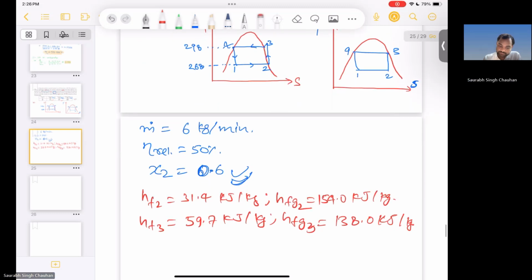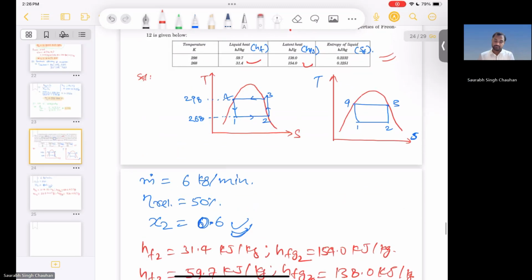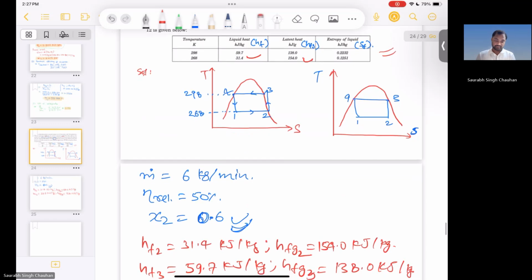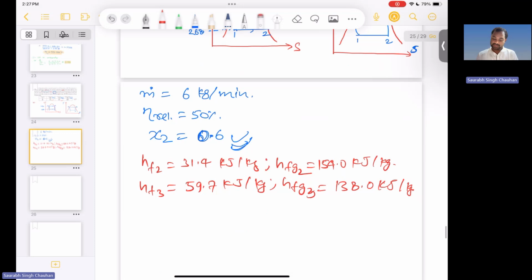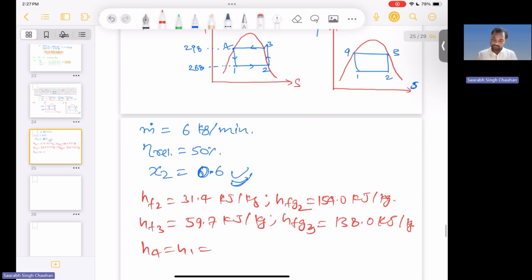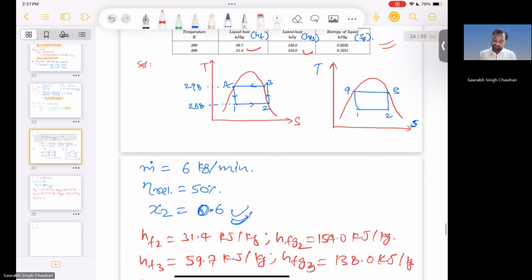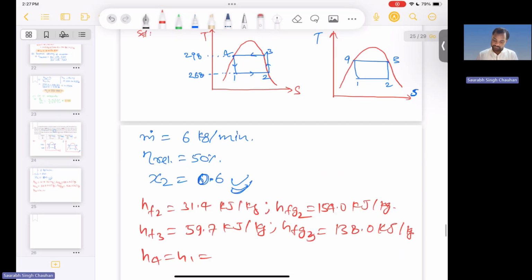Okay. And since process 4 to 1 is an isenthalpic process, H4 will be equal to H1, and that should again be 59.7, right?